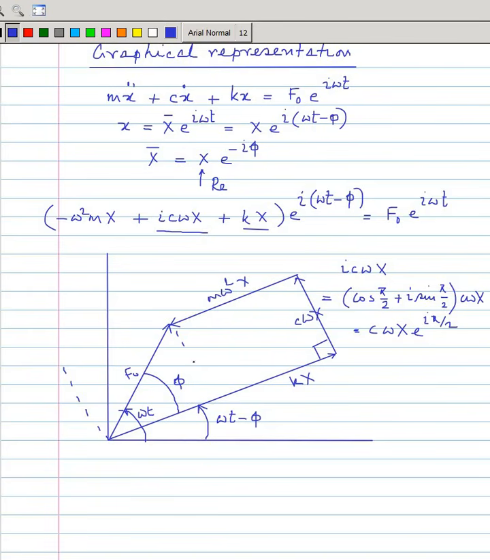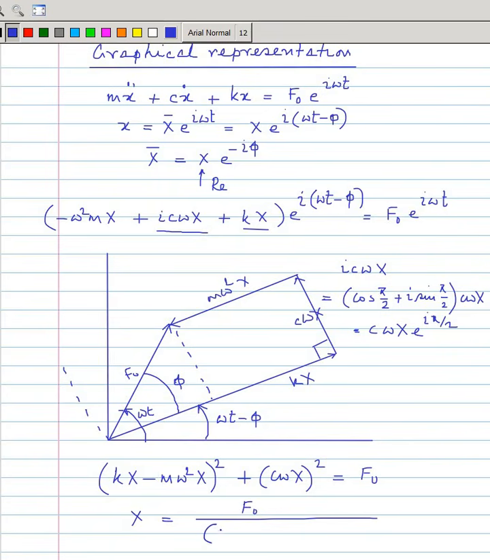Now if you just draw this triangle and apply Pythagoras theorem, then (kX minus m omega square X) whole square plus (c omega X) whole square equals F naught square, or X equals F naught by root over (k minus m omega square) whole square plus (c omega) square.